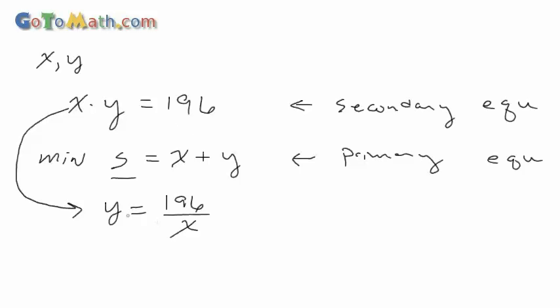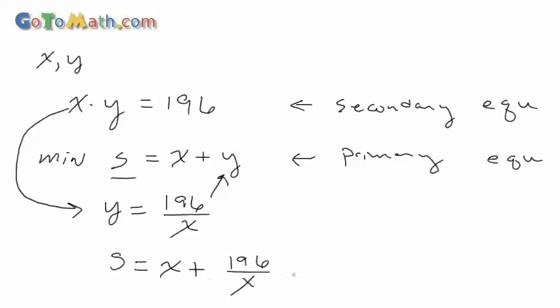Okay, then what we'll do, this is called direct substitution, we'll take it and plug it in for y right here. So we end up with S is equal to x plus 196 over x. Okay, so we got everything in terms of x over here.